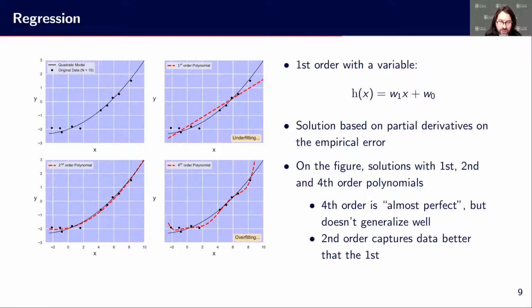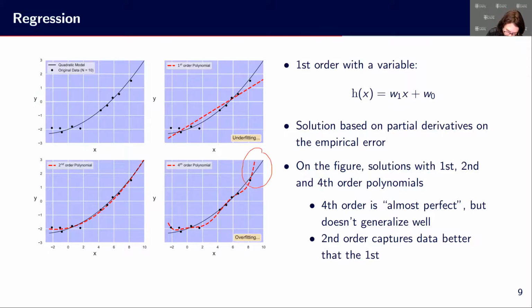If we go on the other side, on the lower right, we get fourth order polynomial. So in fourth order polynomial, we can get, I would say, an almost perfect solution. We see that the learned curve is passing through most points, except here we have some cases where there is some small error, but basically the curve is really close to all the points. So we see that it is almost perfect, but probably it will not generalize well. We just have to look at the extreme cases in terms of extrapolation here.